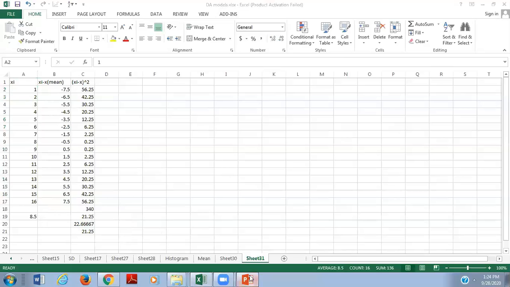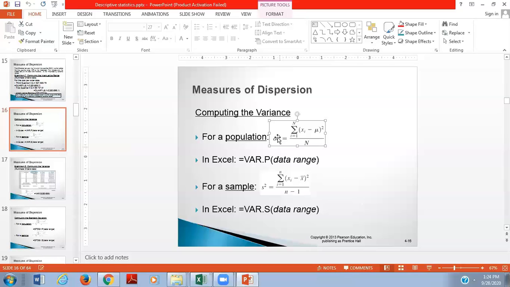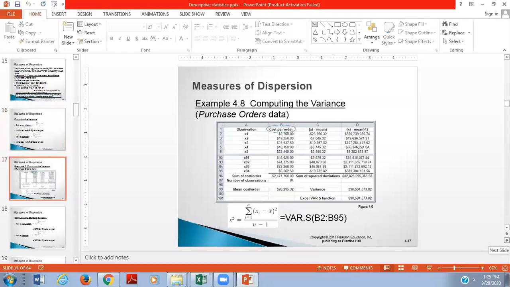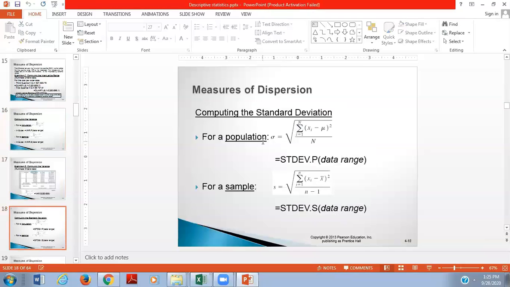But in variance, as per this formula, as you are seeing that this square is there, sometimes it is quite difficult for the researcher to manage the units with other samples, with other calculations, right? So for that purpose, it is better to calculate the standard deviation instead of variance, where everything is the same.